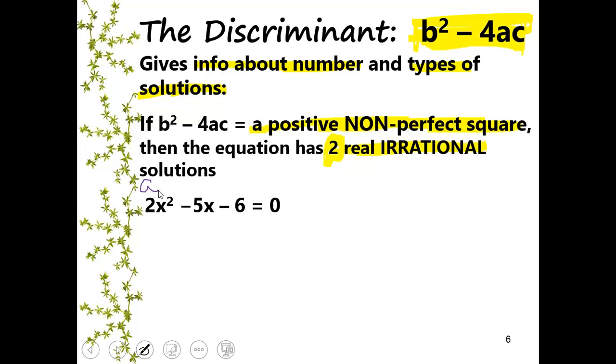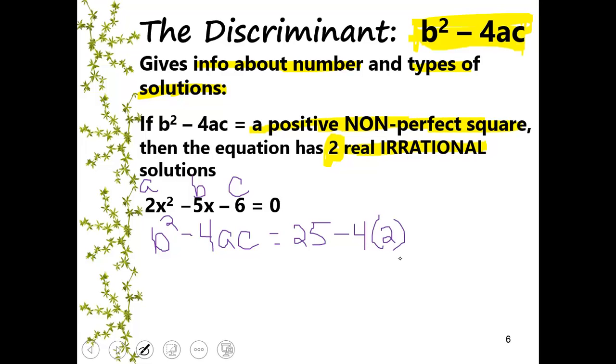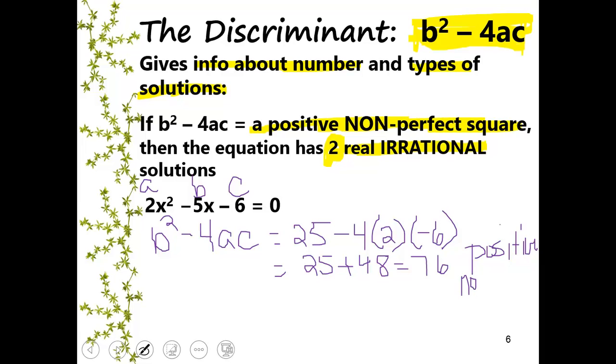So here's a, b, and c, and we're plugging it into b squared minus 4ac, and we get 25, that's 5 squared, minus 4 times 2 times negative 6. And when we do that, we get 25 plus 48, which gives us 76. This is positive, but it's not perfect.